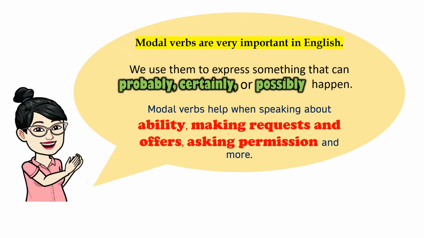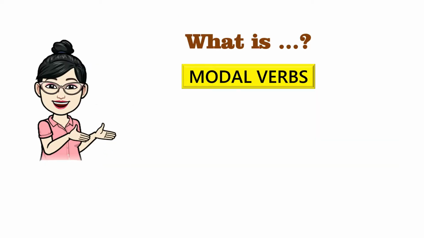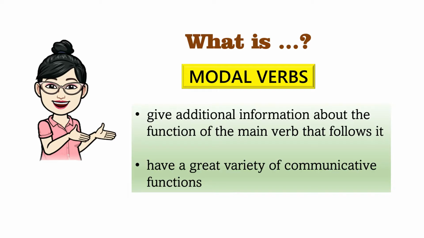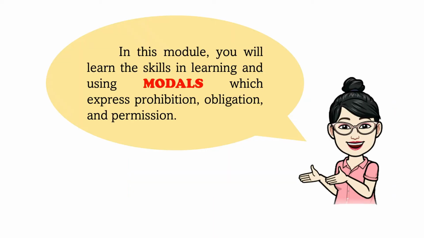Modal verbs help when speaking about ability, making requests and offers, asking permission, and more. Modal verbs give additional information about the function of the main verb that follows it. They have a great variety of communicative functions. In this module, you will learn the skills in using modals which express prohibition, obligation, and permission.